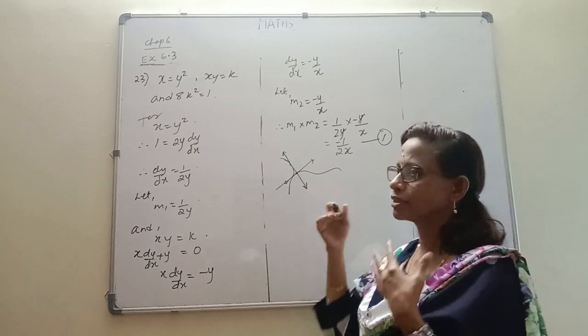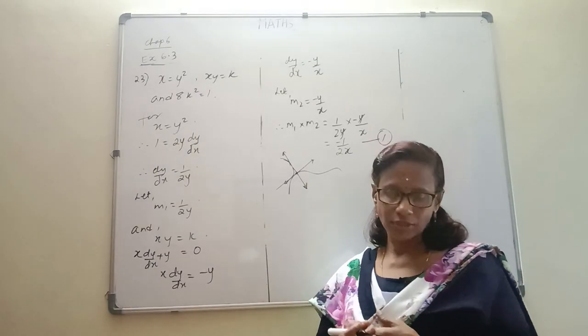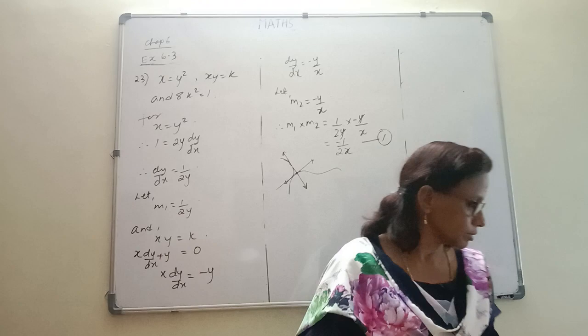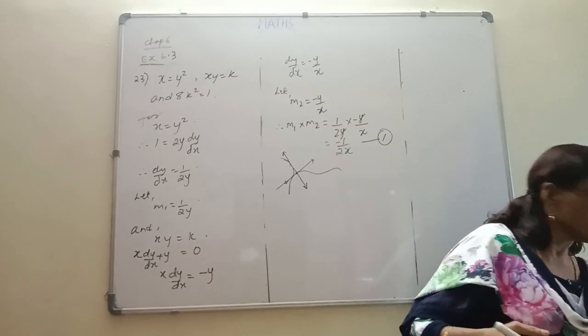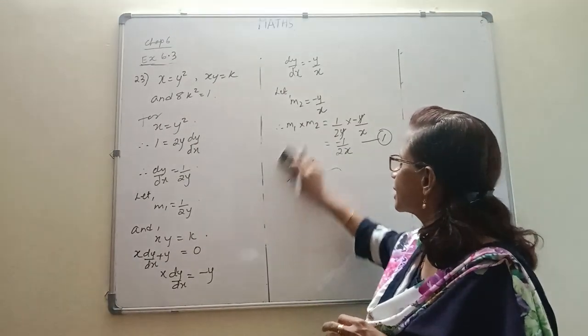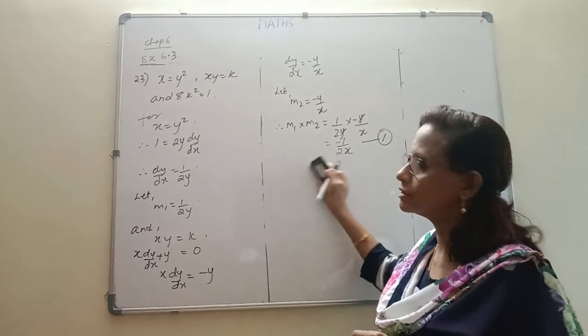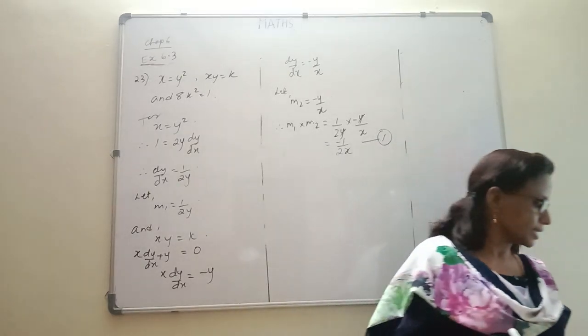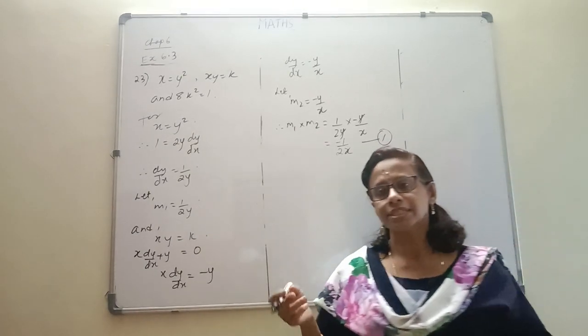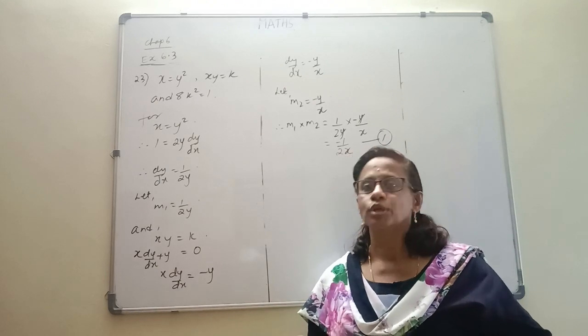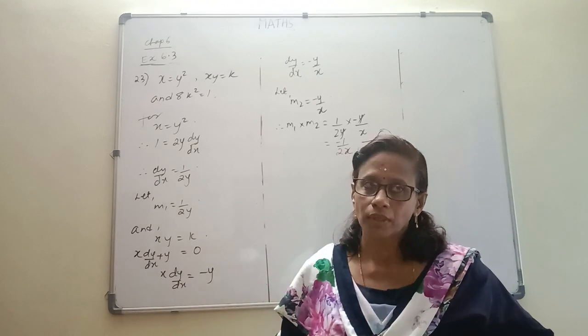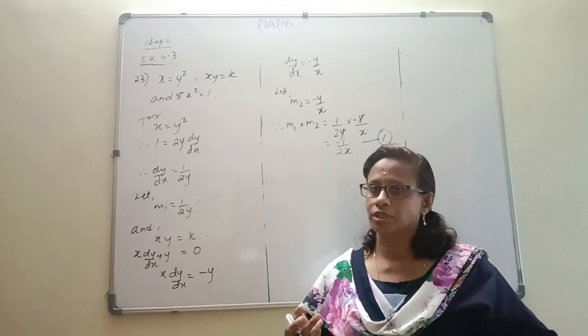There is a point of meeting. It is definitely intersecting at a point. That is clear. The curves are intersecting at that point, and at that point the tangents are perpendicular. That's what we are trying to show. So with that in mind, we'll try to solve both these.